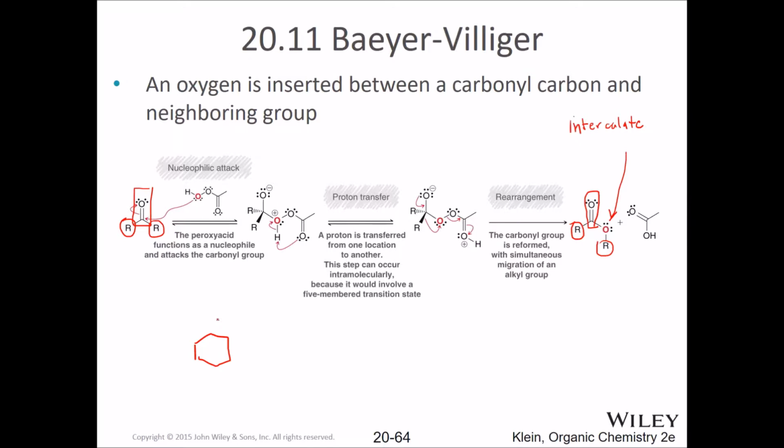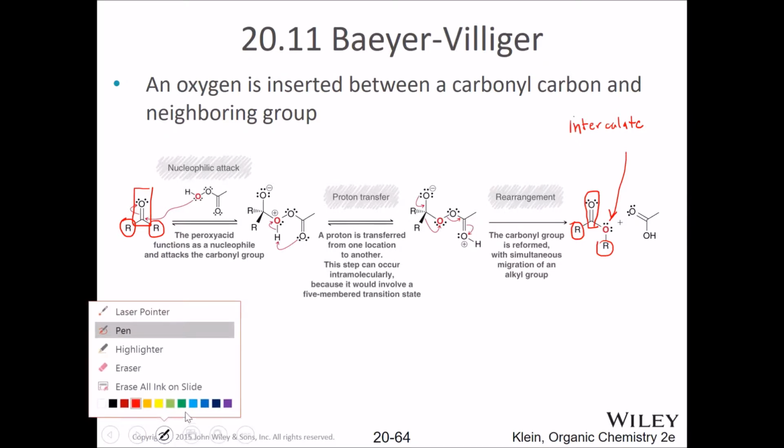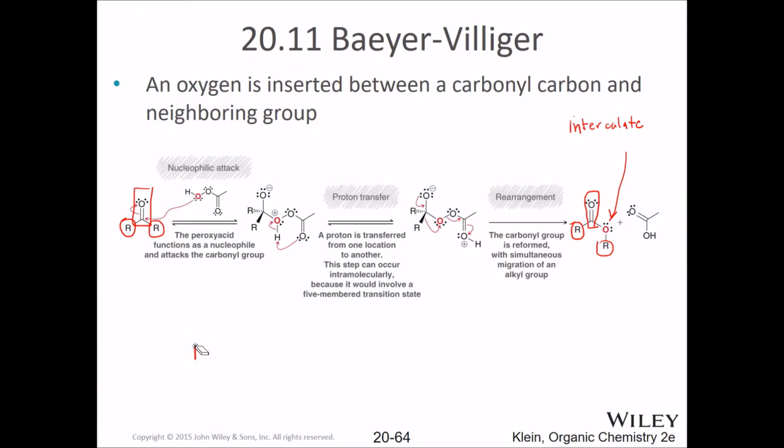Let me start over again. Nope, I want to use a different one. That means we can take something like this and do a Baeyer-Villiger oxidation, which you're going to write as that, and get this.